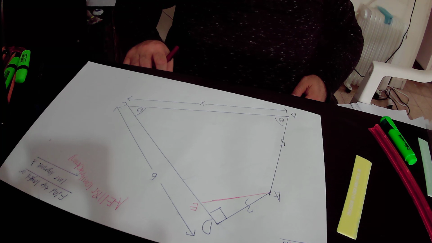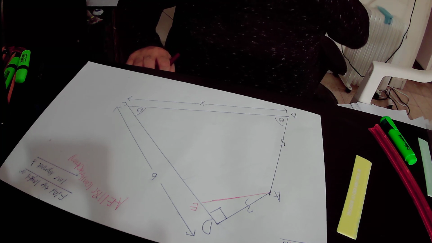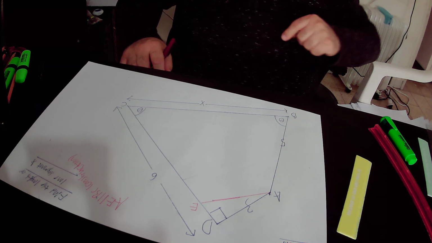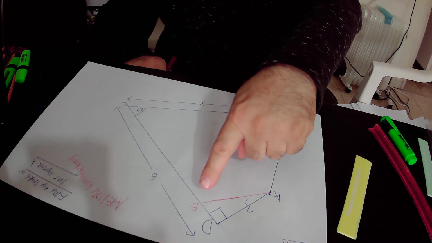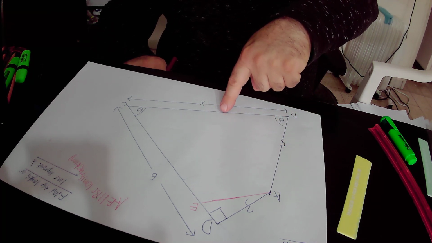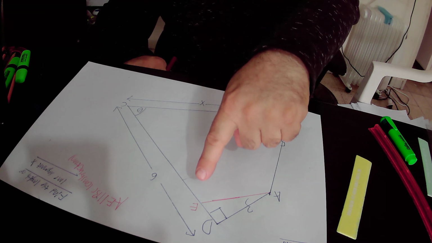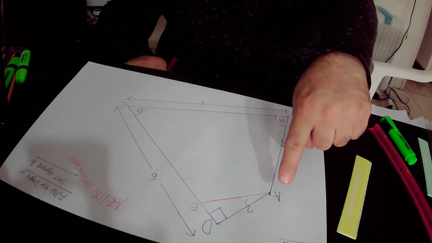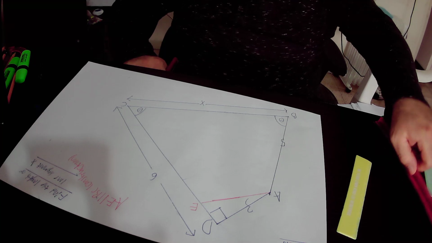In the next step, from point E, we draw a straight line on BC in such a way that the straight line will be parallel to AB. Okay?